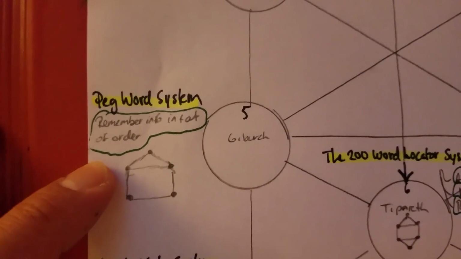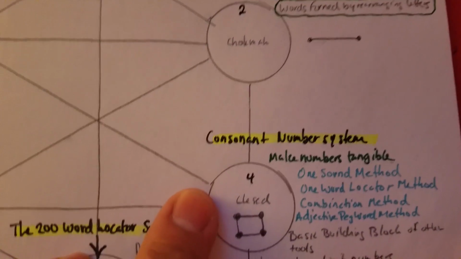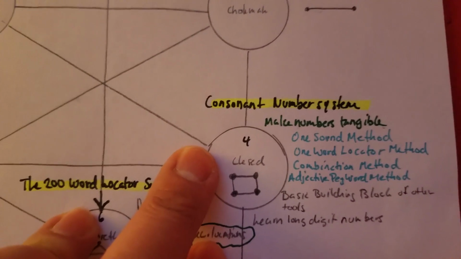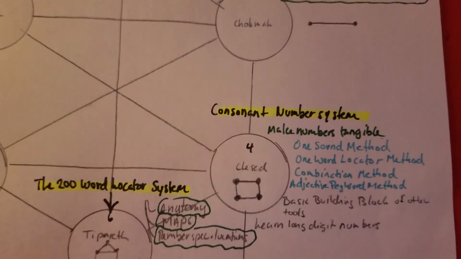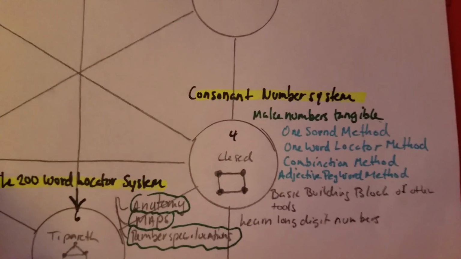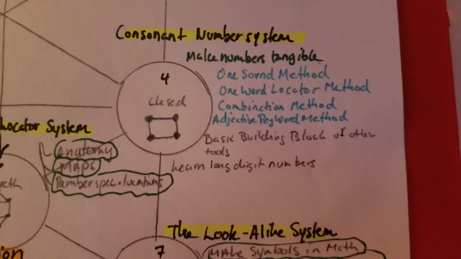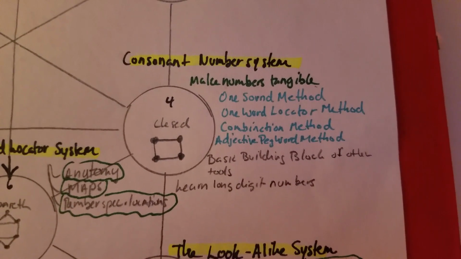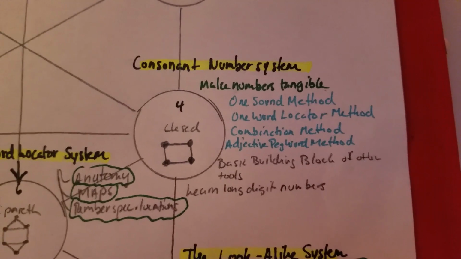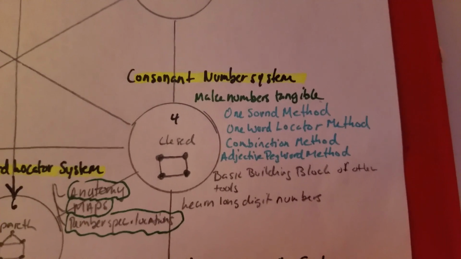Next, you have the peg word system. This helps you to remember info in and out of order. And you have the consonant number system. Now, this is the building block to a lot of the other memory methods that you're seeing here, so this is one to really spend a good amount of time on. It helps you to learn long digit numbers. It makes numbers tangible.